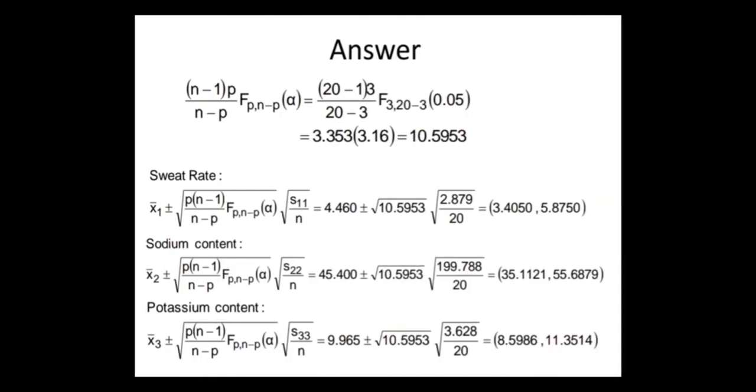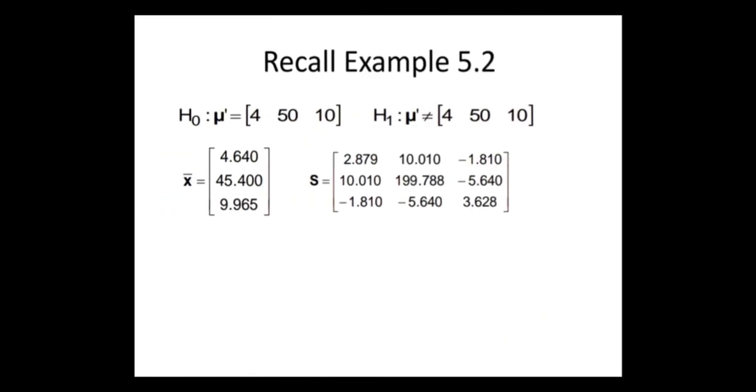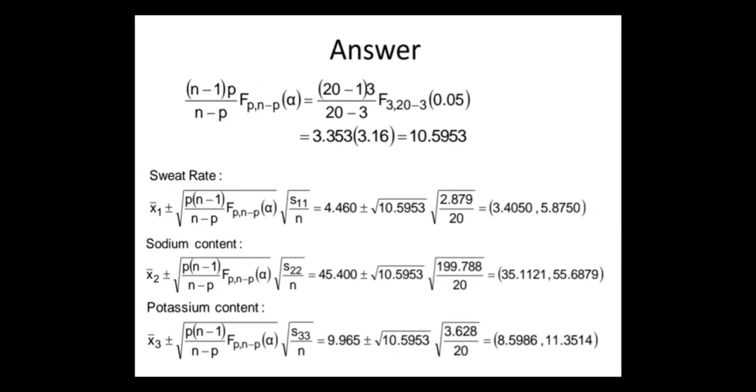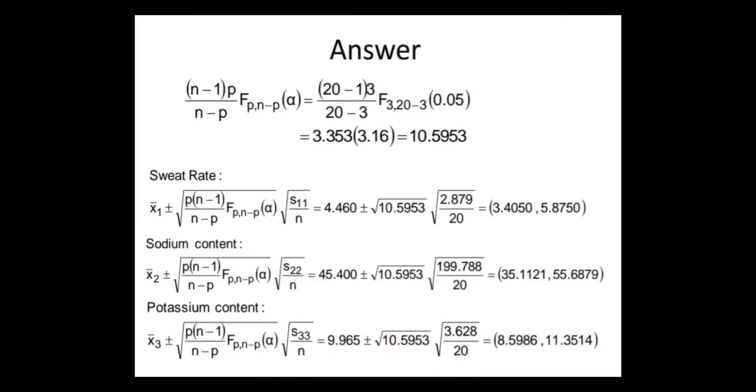Another conclusion that you can make adalah about the plausible value of mean tadi. So from here you can see that the confidence interval for mu1 is 3.4 and 5.87. Okay, so yang kita nak test tadi H-naught, dia punya value for mu1 is 4. So we can see here 4 lies between the interval of mu1.